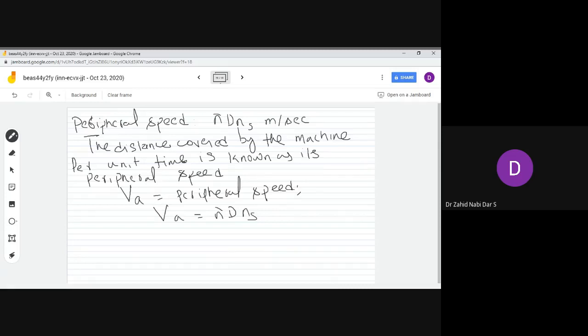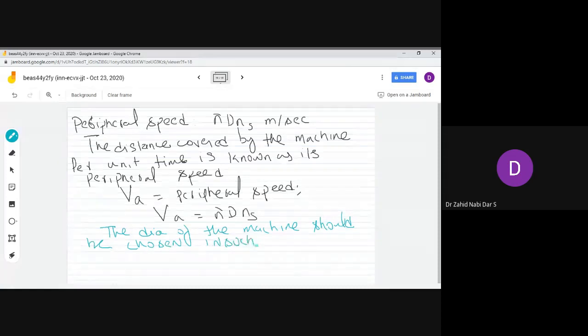So in an induction machine, the diameter of the machine should be chosen in such a manner where Va, the peripheral speed, should not exceed 30 meter per second.